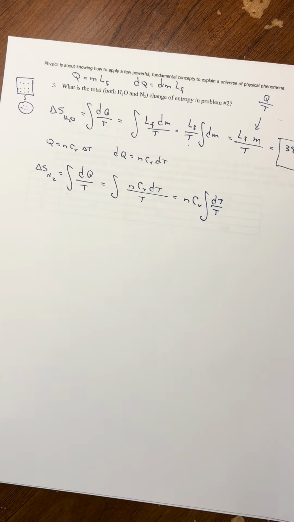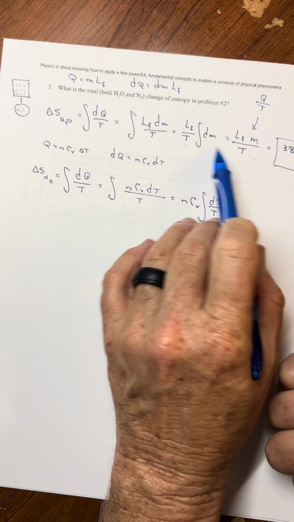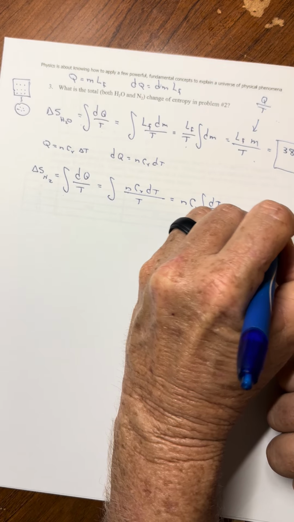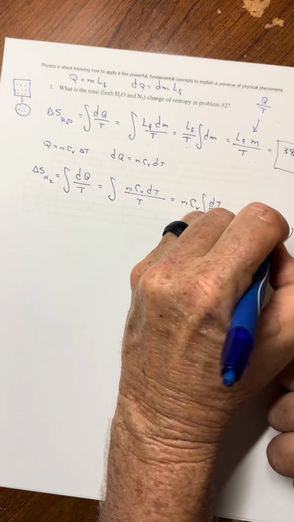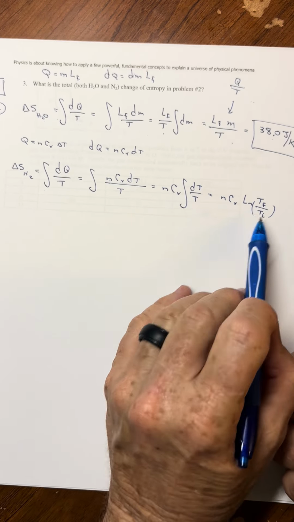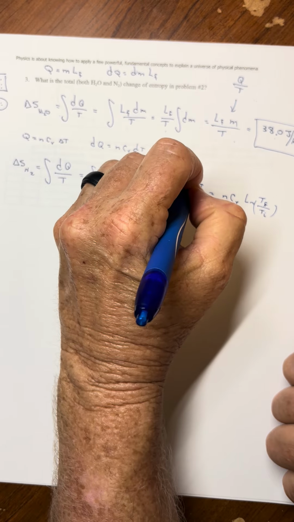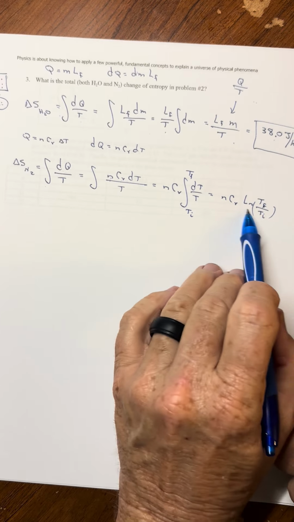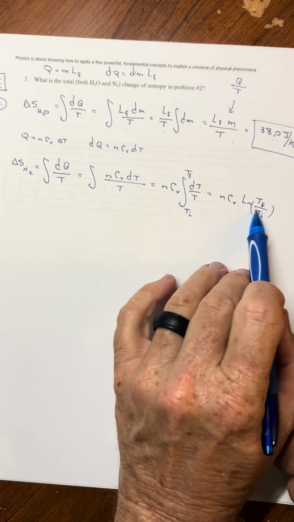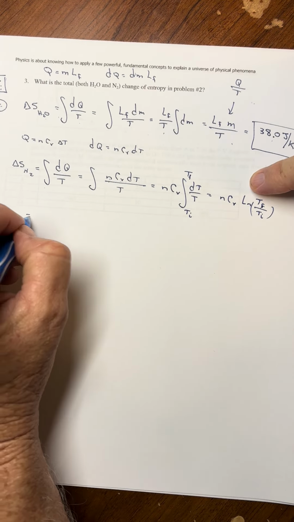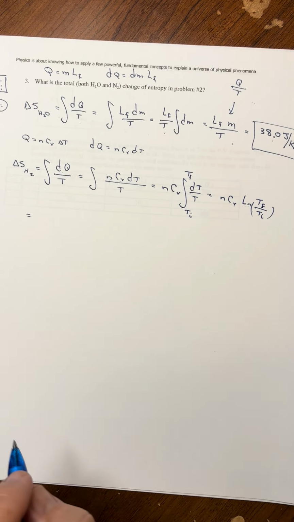And now I have an integral that comes out a little different than up here. Here we had a constant temperature, but here we get a natural log. If I put in final and initial temperatures as my limits, and then use the property of logarithms where you subtract two logs, you can write it as a quotient. This would be then the formula for the nitrogen.